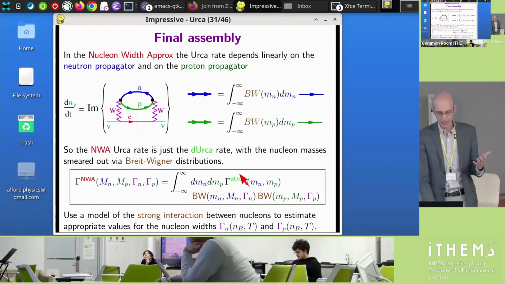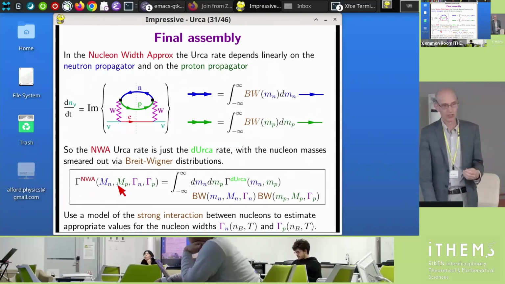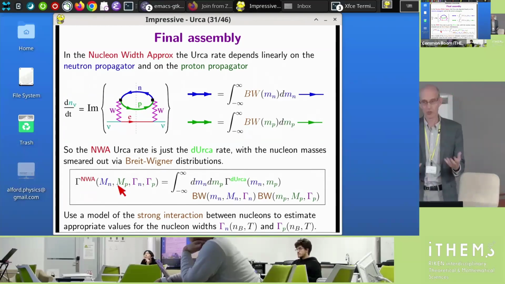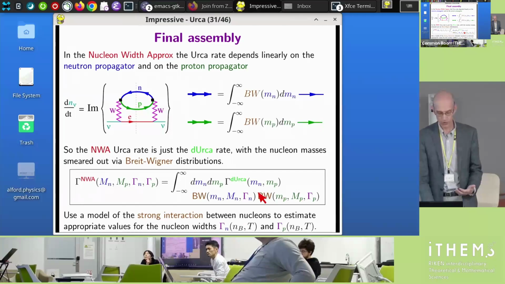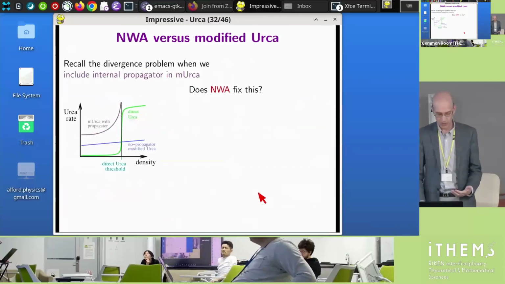Wrapping your direct Urca code in this integral gives you the effect of in-medium widths, which is what modified Urca was trying to do. You'd still need some model of the strong interaction to estimate appropriate values for those widths. This is a recipe that needs to be told what those widths are, so I'll get to that in a second.